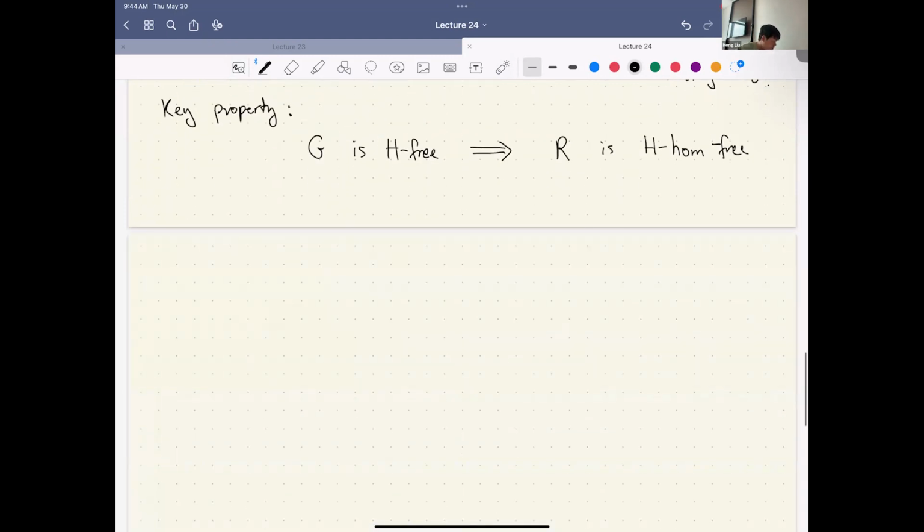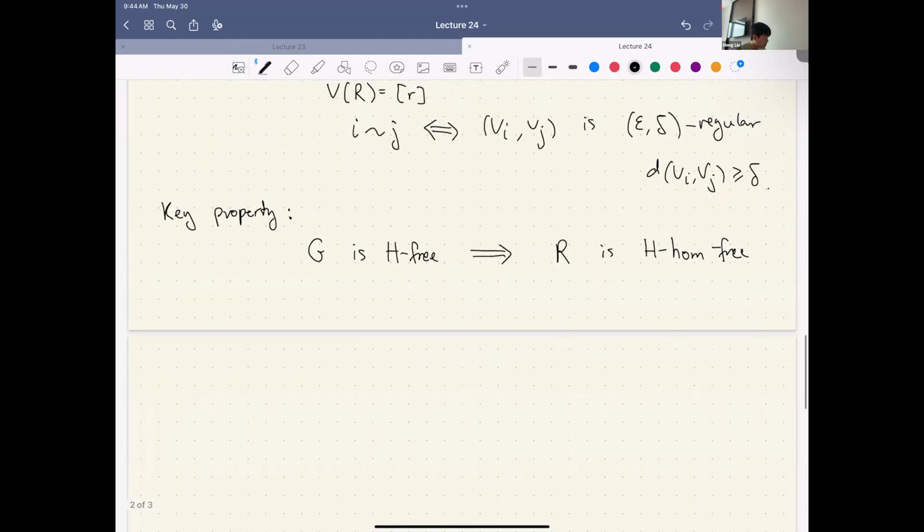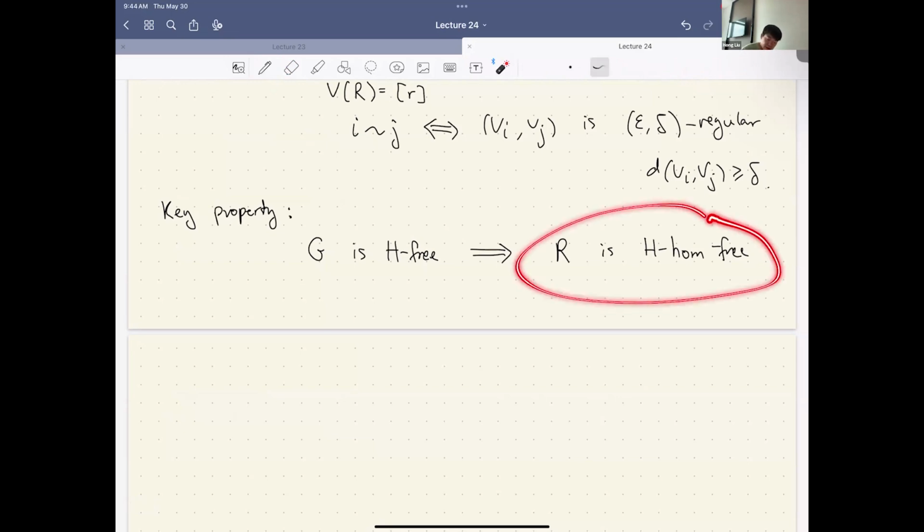So let's rephrase this. Well, let's rephrase its contrapositive. If you look at the contrapositive, you negate this, which implies a negation of this, right?